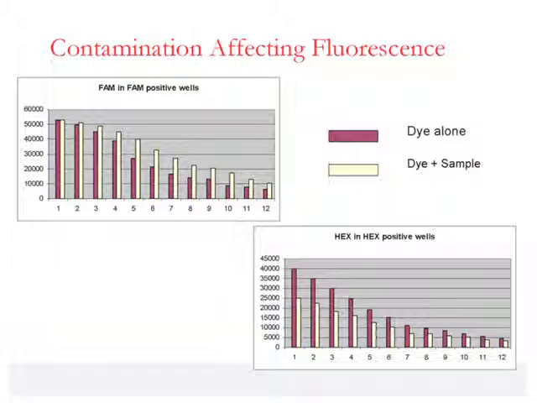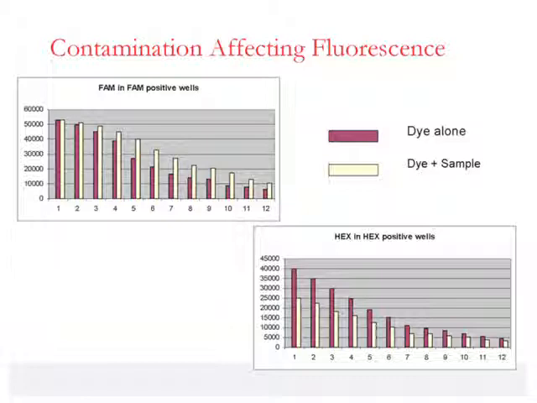primarily the HEX assay. So in a comparison of the effect of the heme with either FAM dye or HEX dye, you can see that by comparing the fluorescence signal from a dilution of dye in the presence or absence of the sample, the effect of the sample on the FAM signal is to enhance the fluorescence, whereas the effect of the sample, presumably the heme, on the HEX dye is to suppress the signal.